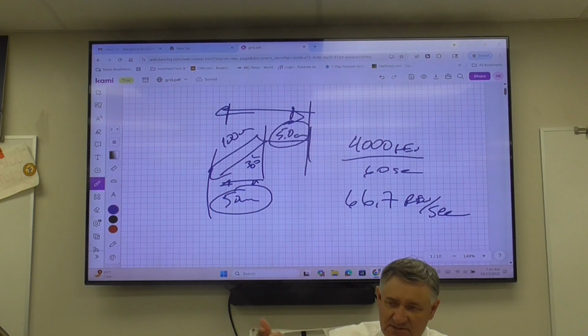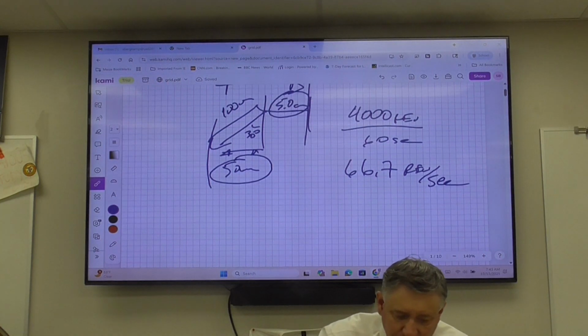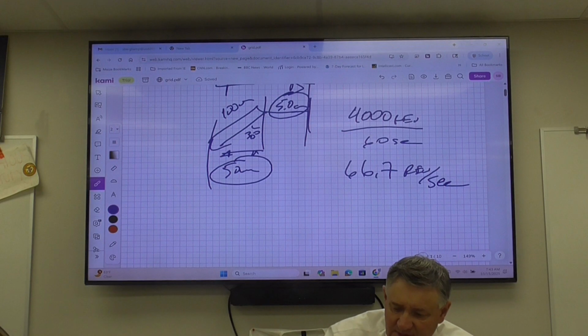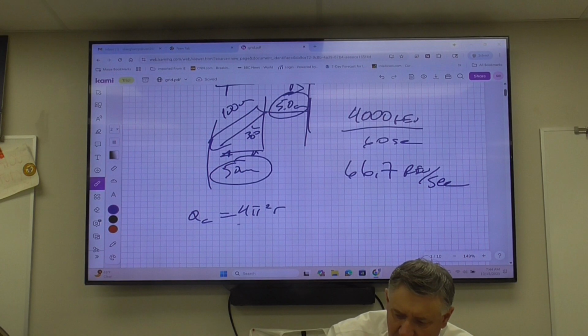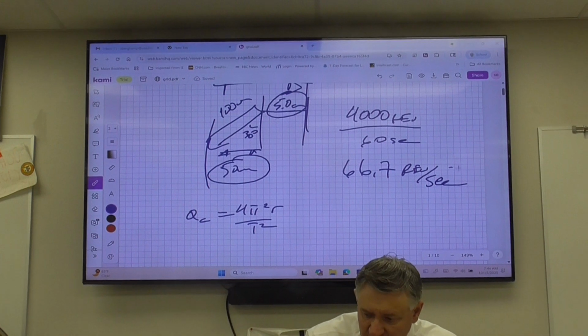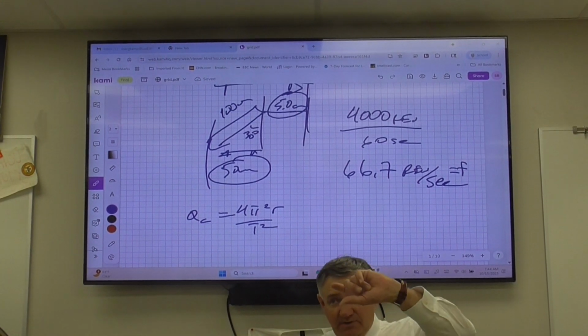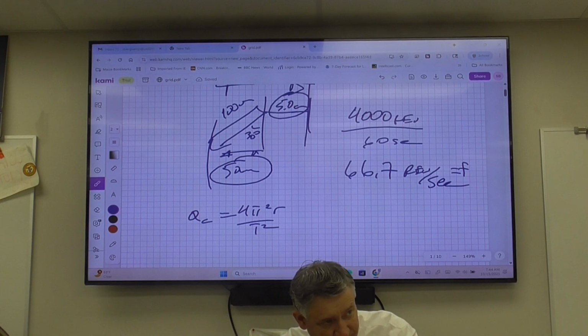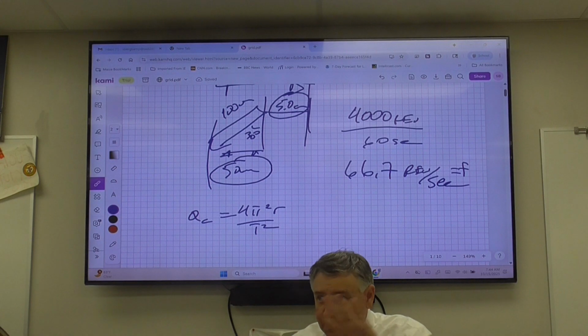So here's the decision you need to make. You're trying to find the centripetal acceleration. One option is to use 4 pi squared r over T squared, but since this is frequency, you have to take the inverse of that to get the value of T and plug it in.